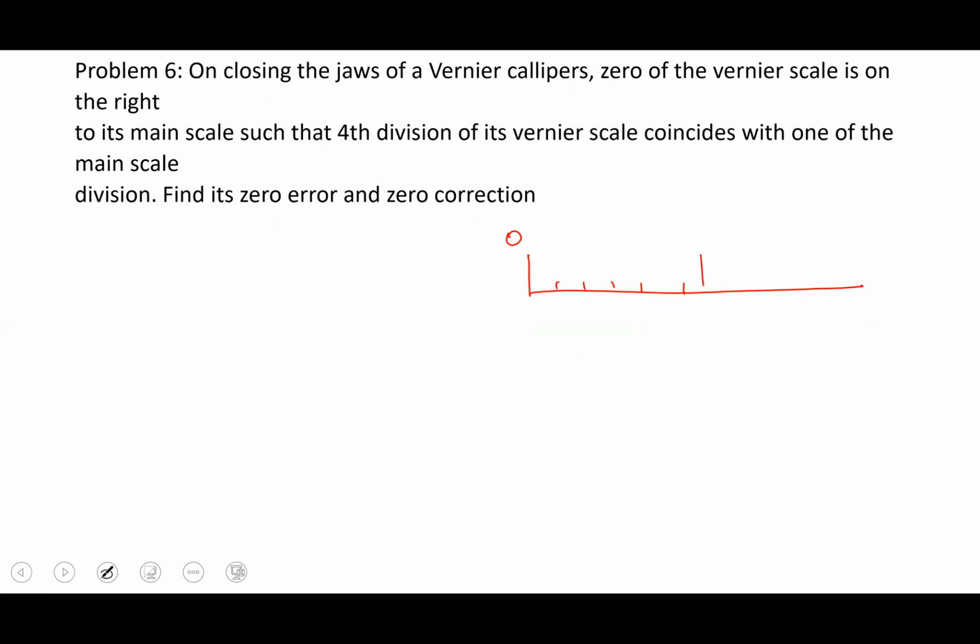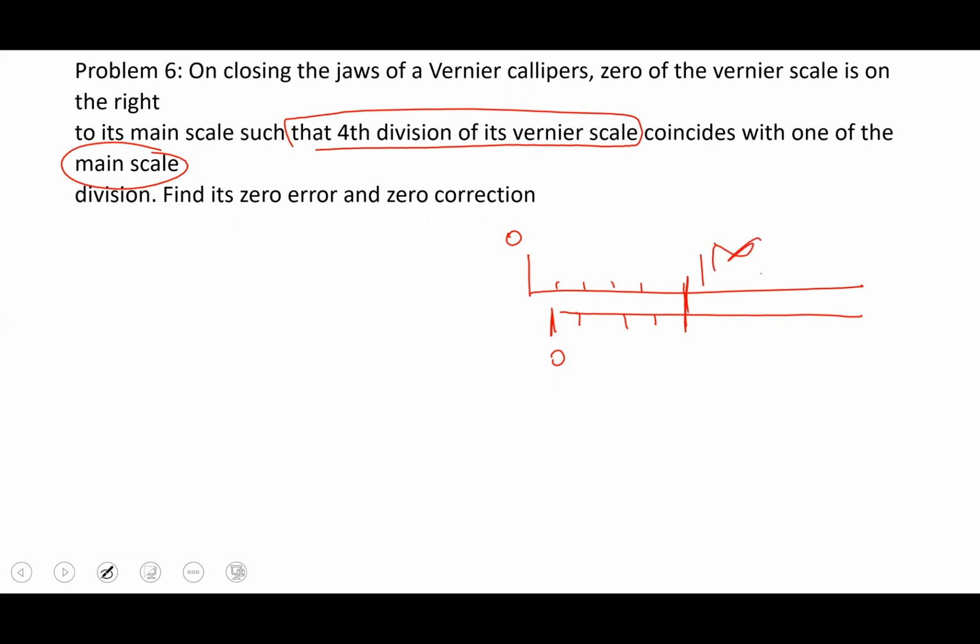And on the bottom part, it says the 0 on the vernier scale is on the right. That means the 0 on the vernier scale is over here on the right side of the main scale. And it says the fourth division of the vernier scale, 1, 2, 3, and the fourth division, is coinciding with the main scale.